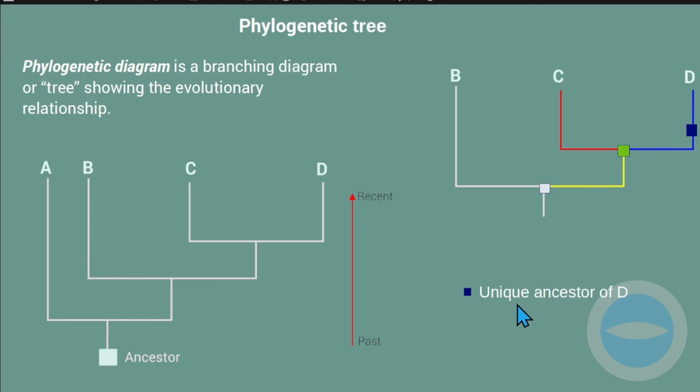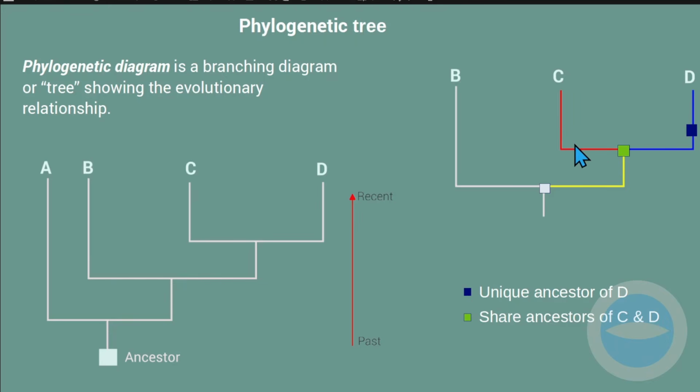This blue line is a unique ancestor of D. Only this blue line contains the ancestors of D. It has nothing to do with C, since this blue line started here and ends at D. And then we have this green dot here. This green dot shares ancestors of C and D. So at this dot, C and D share the same ancestor.